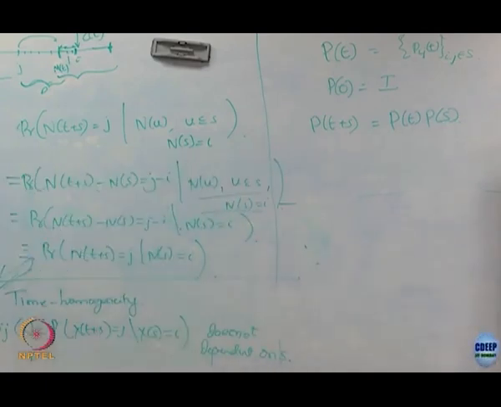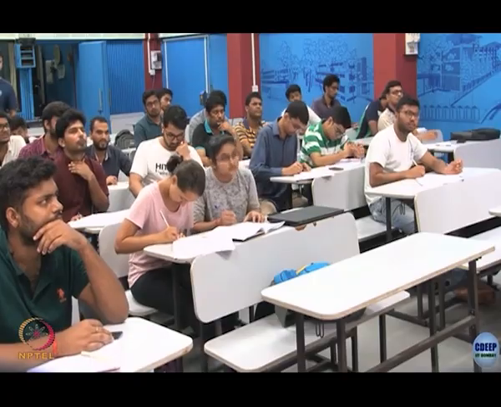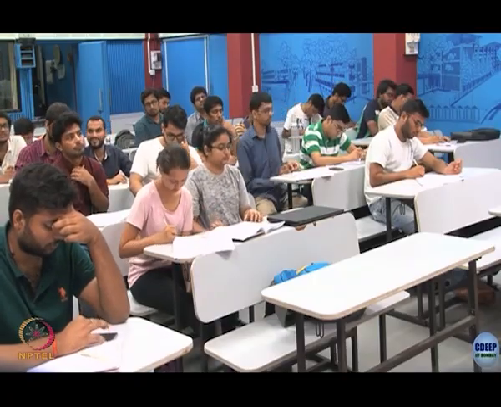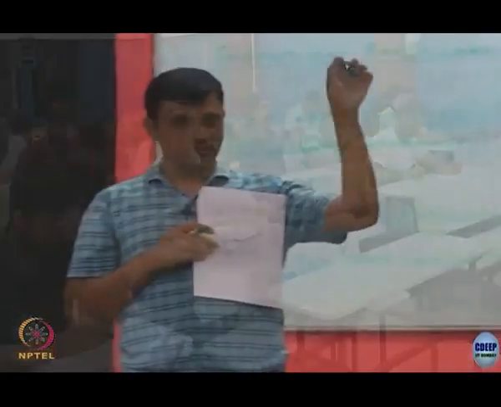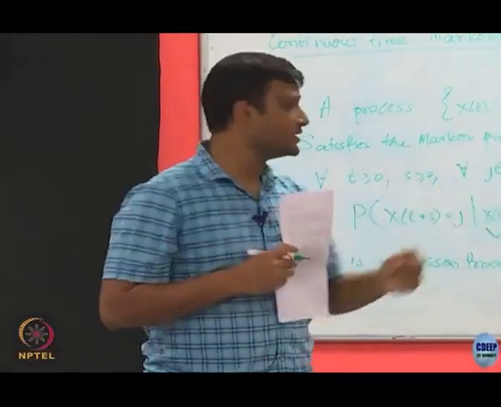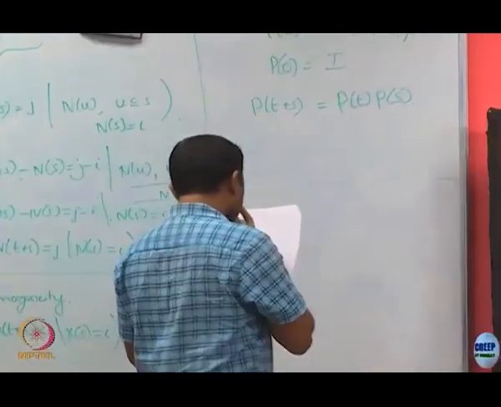This is similar to what we did for DTMC, where we could split the transition probability matrix for a sum of two discrete times into that of individual times. So we are just doing the same thing here. It follows the same steps, so just skipping this.